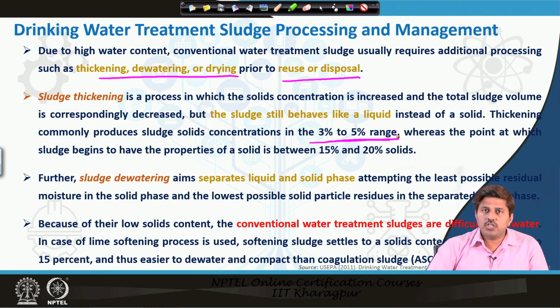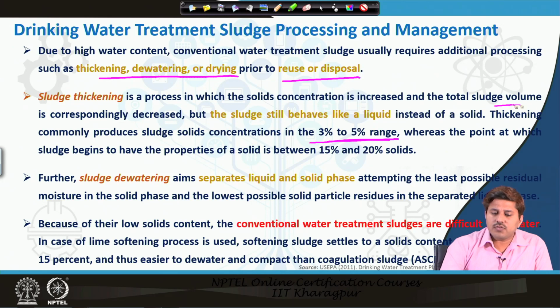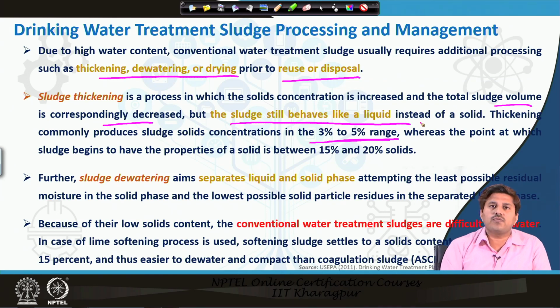This increase in solids reduces the water volume substantially, so it decreases the total sludge volume, but the sludge will still behave like a liquid, because in order for sludge to behave as a solid, the solid content has to be increased to around 15 to 20%. But it is still in the 3 to 5% range, so it still behaves like a liquid.